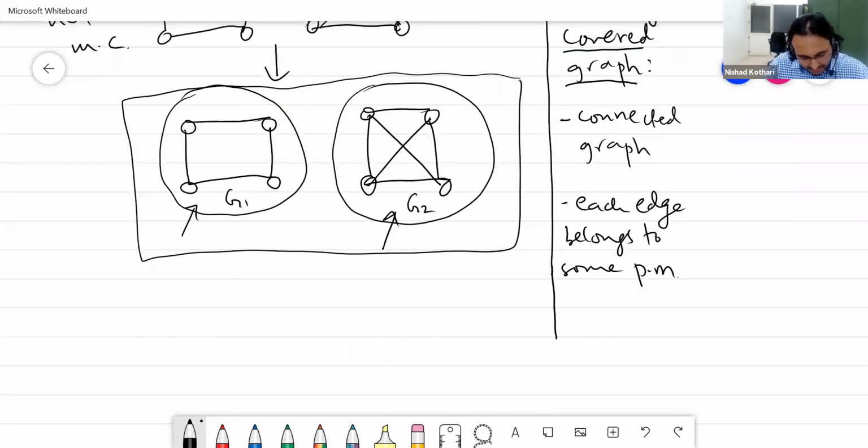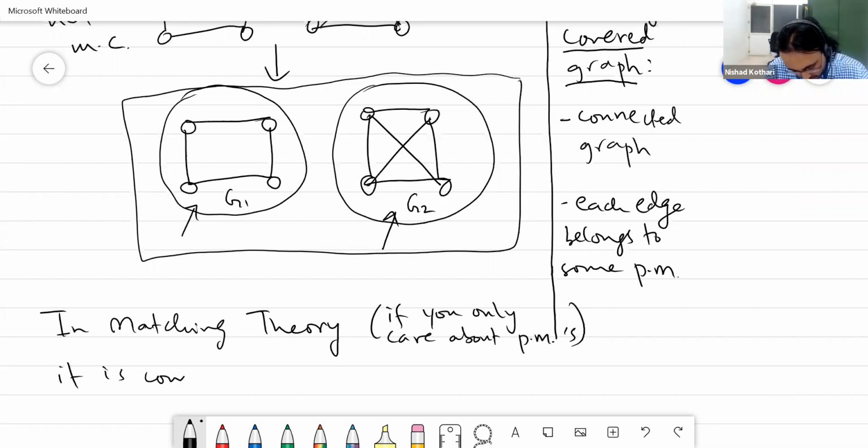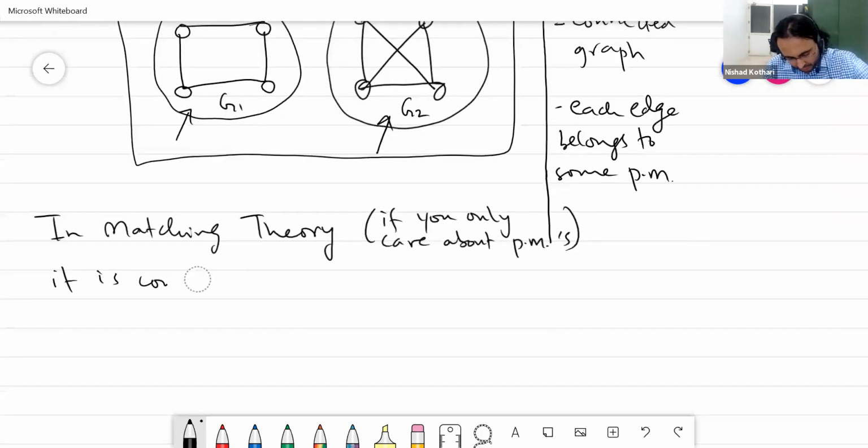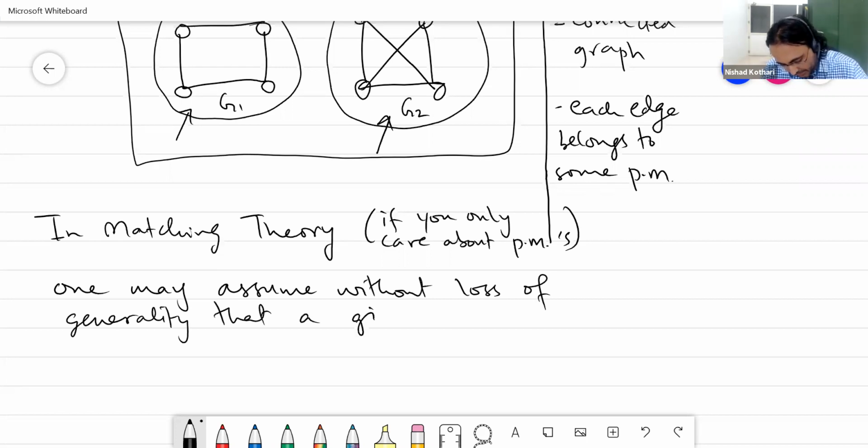Okay, thank you. So in matching theory, I mean, this is a bit vague, but basically what I mean is, if you only care about perfect matchings, like I do, then one may assume without loss of generality that a given graph is matching covered.